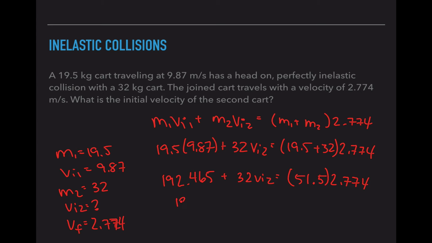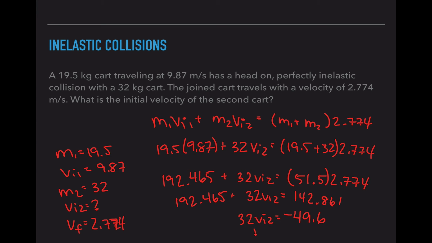So I have 192.465 plus 32 VI2 equals 142.861. Now I have to subtract this 192.465, and I'm left with 32 VI2 equals negative 49.6.